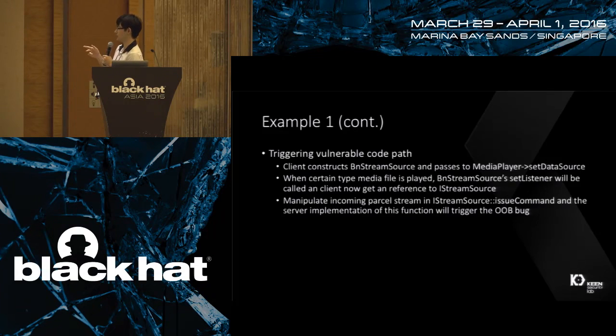And the client, that is our attacking process, will get a reference to IStreamSource. With this callback in hand, we can pass the malicious Parcel data back to the IStreamSource issueCommand, and the server side of this function will interpret the malicious Parcel data and finally trigger the OOB bug.